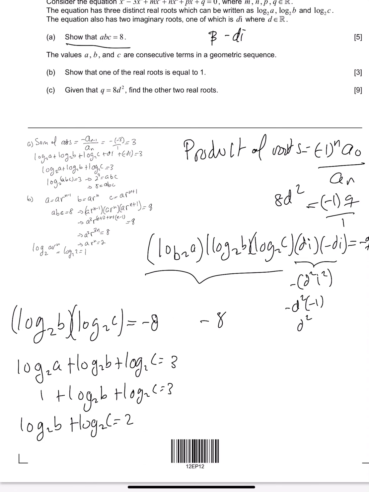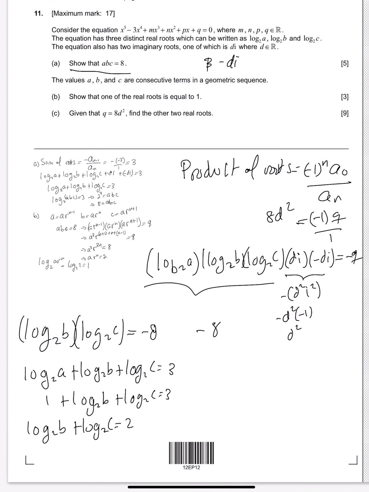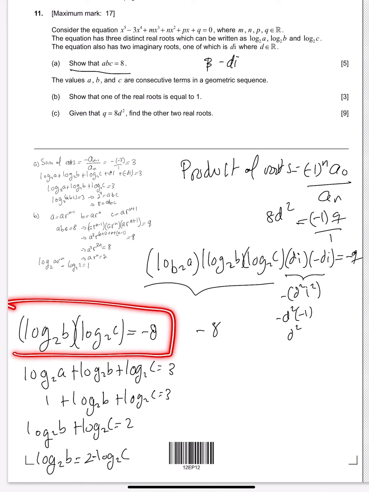And now I'm going to be able to rewrite log base 2 of b in terms of log base 2 of c. Therefore, log base 2 of b is equal to 2 minus log base 2 of c. Why have I done this? Well, this should help me resolve this question, at least with only one unknown.